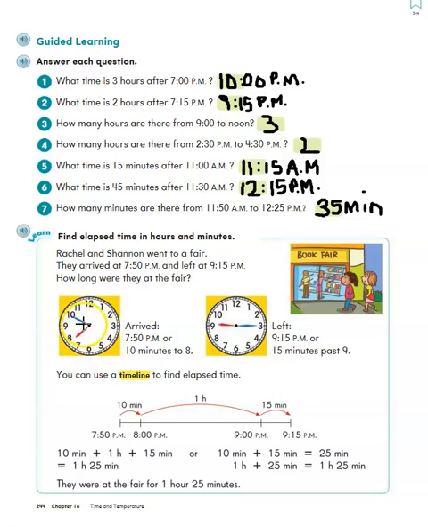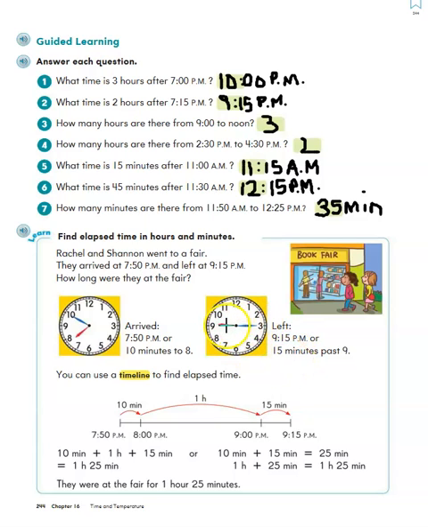And we know because it's pointing at the 10 that that means 50 minutes because we count by 5s around our clock. 5, 10, 15, 20, 25, 30, 35, 40, 45, 50. So this is showing us 7:50 or 10 minutes to 8. And then they left at 9:15.